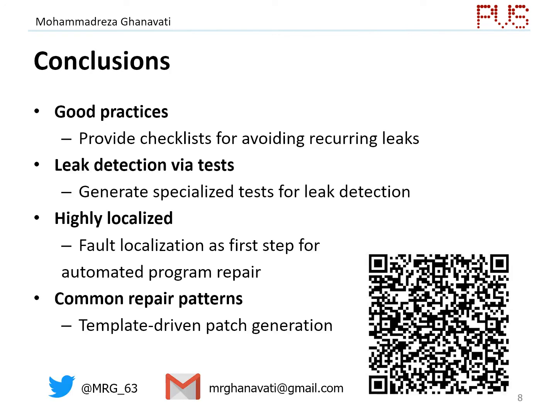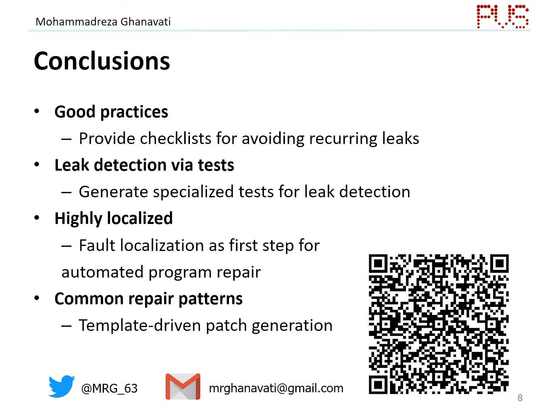Finally, to conclude my talk, let us summarize some key points which we have learned from this study. By analyzing the bug history, we can find some good practices to avoid recurring leaks. We found that in some cases the user detected leaks via a failing test. This can motivate automated test generation for leak detection.